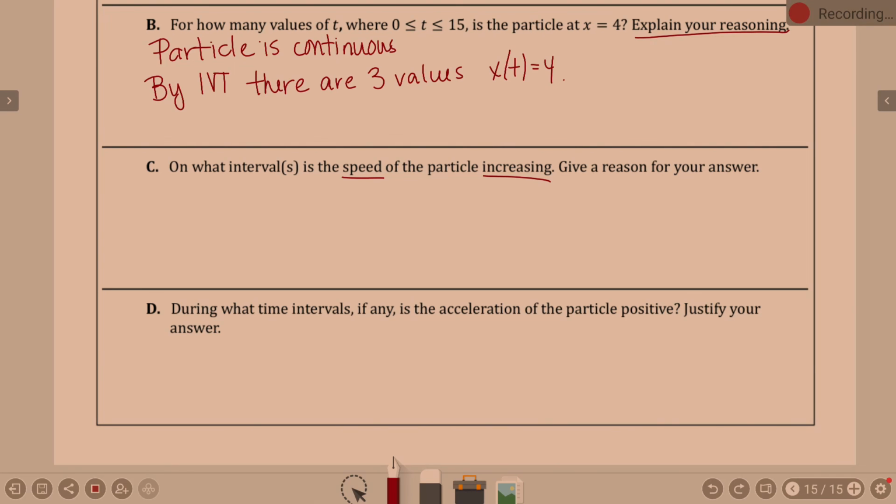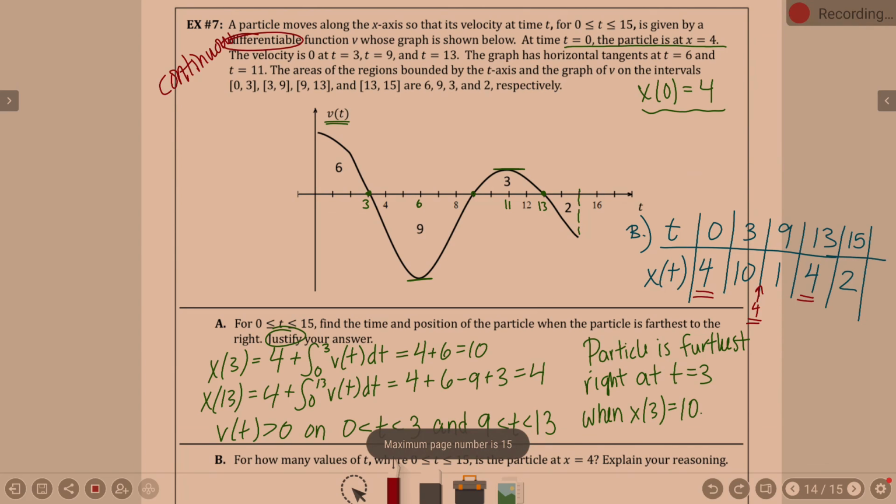It actually happens on 3 intervals, because there's the one at the end. Speed is increasing and velocity is increasing from 9 to 11, which was right here. And then we also have 3 to 6, where they're both decreasing, and 13 to 15, where they're both decreasing.